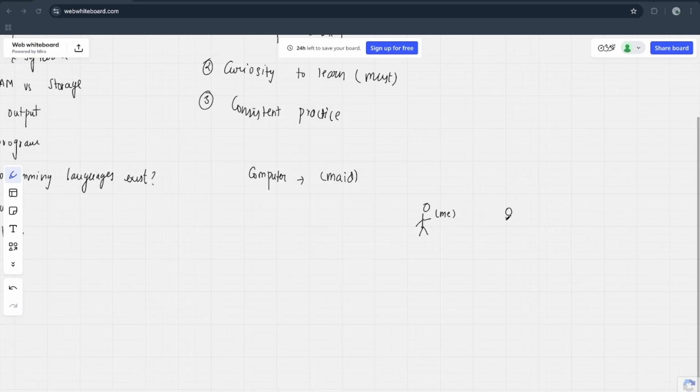So I arrange a maid, and I give her instructions on what to do. After I go to the office at 9 a.m., when I come back in the evening, every work will be done by the maid. That means getting things done.